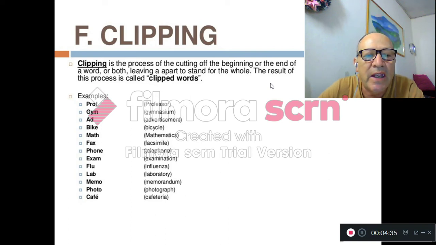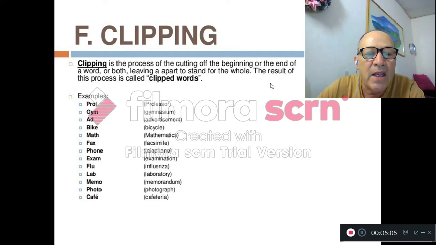Let's go to see facsimile. We're cutting the end of the word, and the result is fax. Let's go to see telephone. We are cutting the beginning of the word, and the result is phone. Let's go to see examination. We are cutting the end of the word. The result is exam.